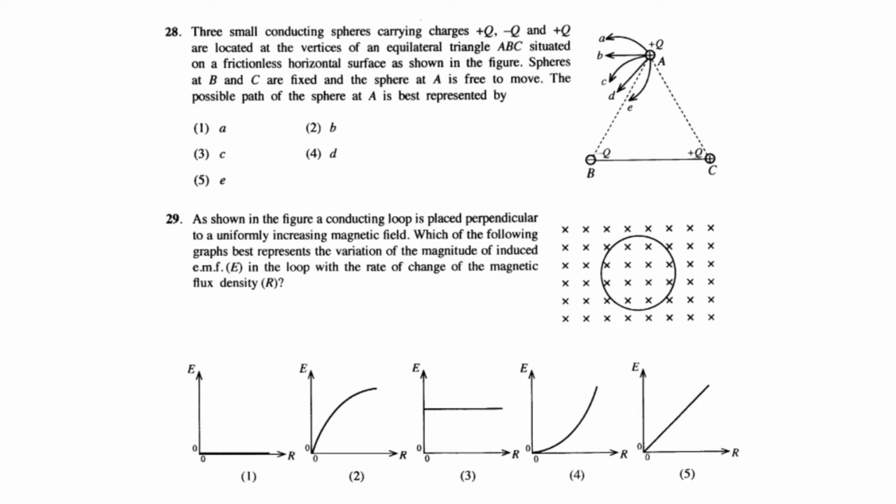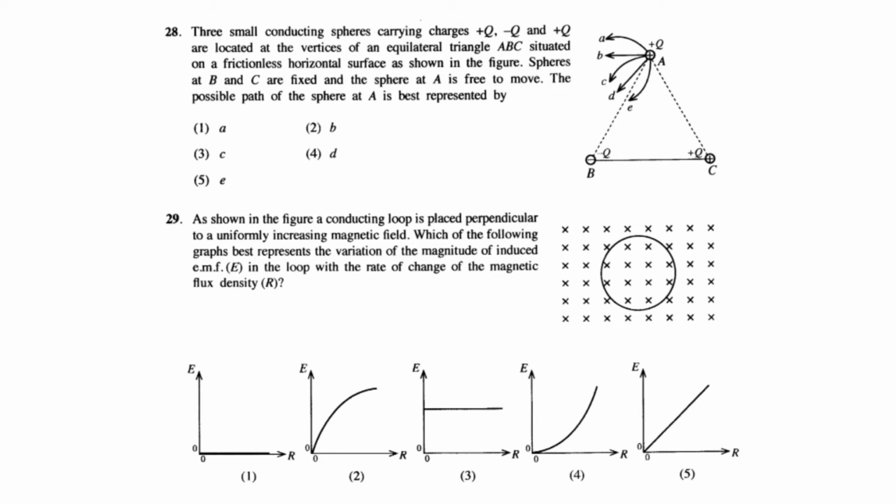By Faraday's law of electromagnetic induction, the induced EMF is equal to the rate of change of flux. That is, induced EMF capital E equals delta phi over delta t.